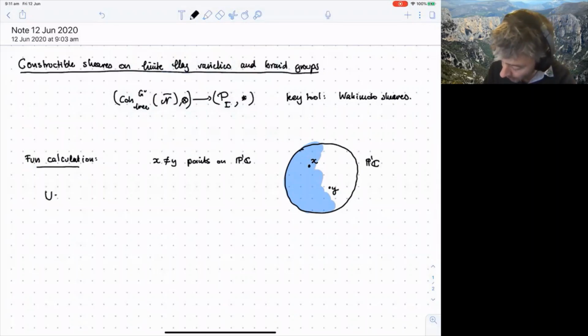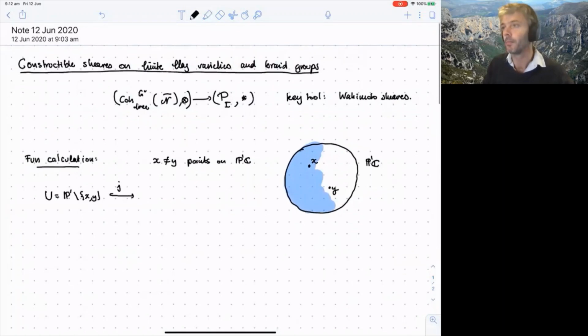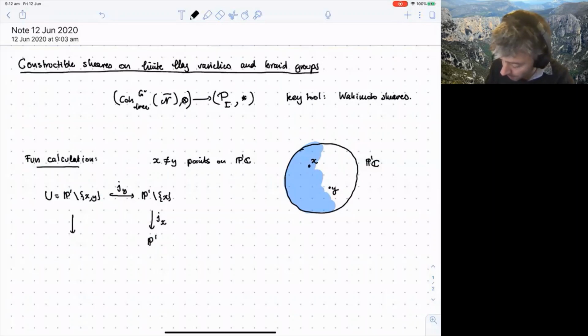We can take away these 2 points. And now we can put them back in. The subscript denotes the point that we're putting back in.